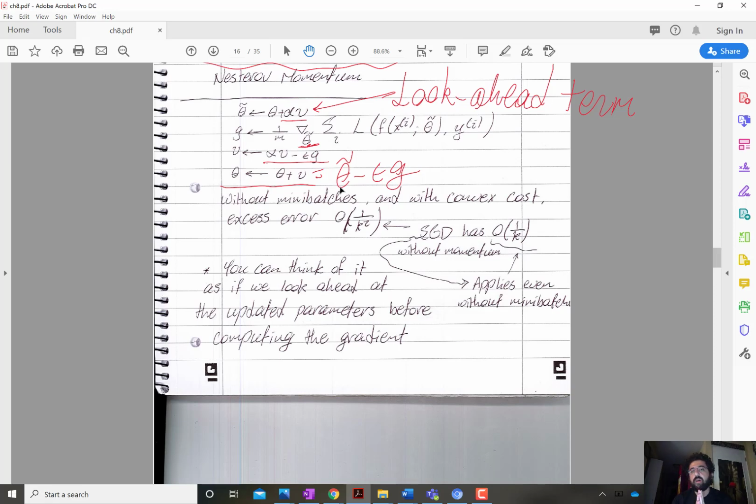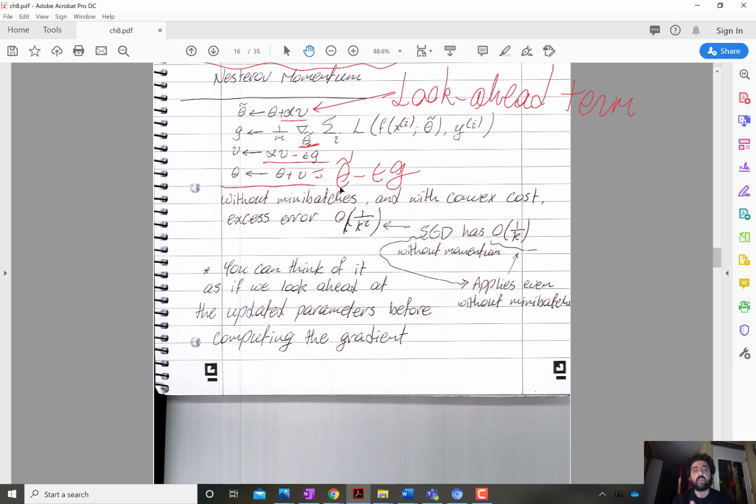So really this is the difference between the classical momentum and Nesterov momentum: this look ahead term. We incorporate the part that reflects the past gradients in the parameter update before computing the gradient. And then we compute that gradient based on theta tilde, not theta, based on the updated parameters with the alpha v term.